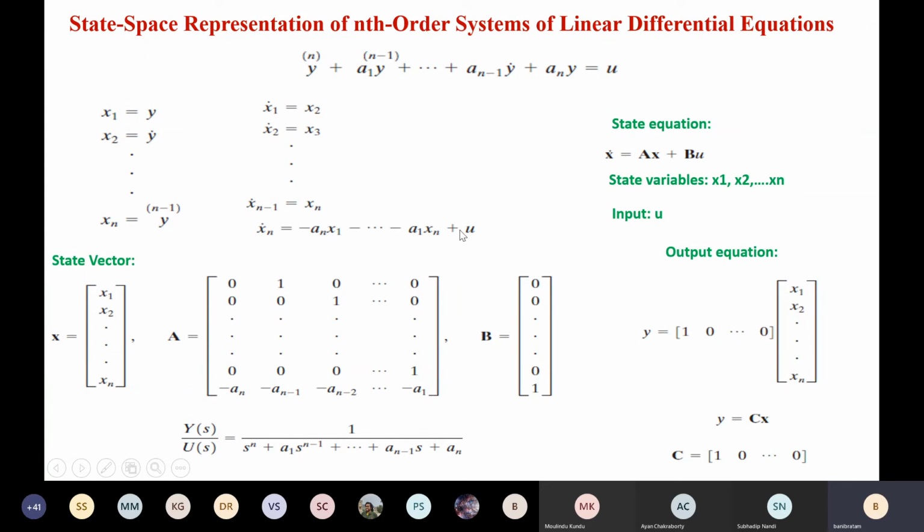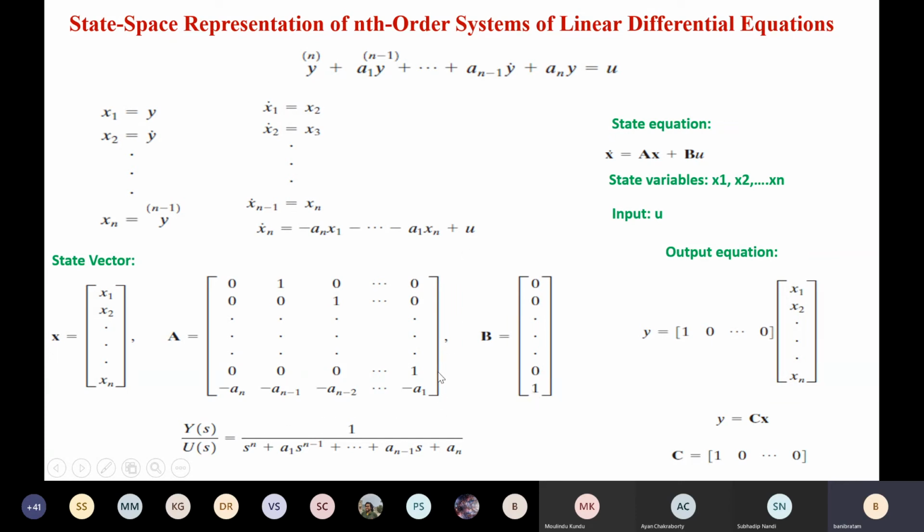Then another term is there, b into u, where u is my input vector, where in this case I have only one input, so the vector b will be simply all the elements 0, only the last one will be 1. Because that will be multiplied with u, and only the last equation contains this term u.